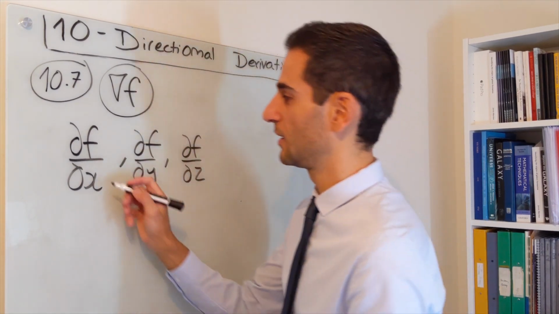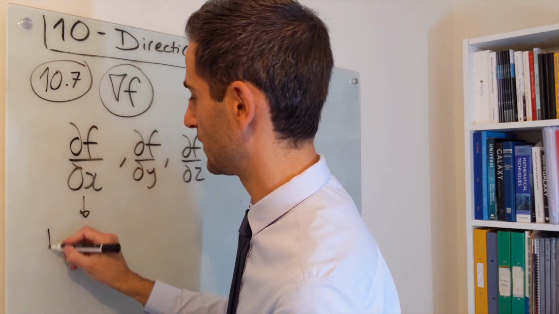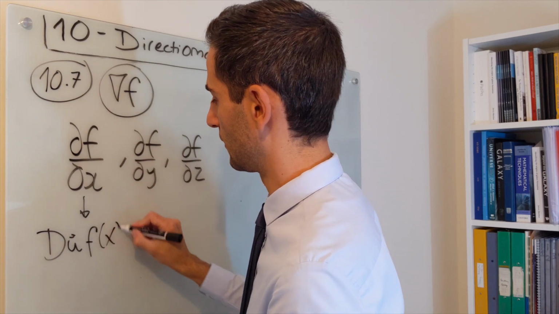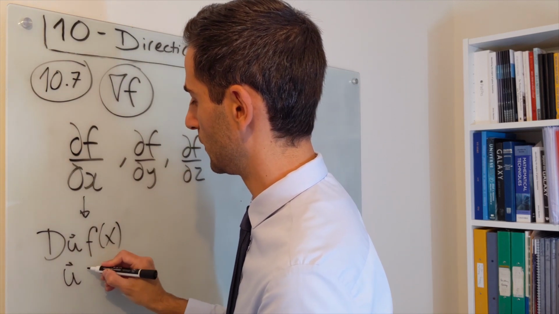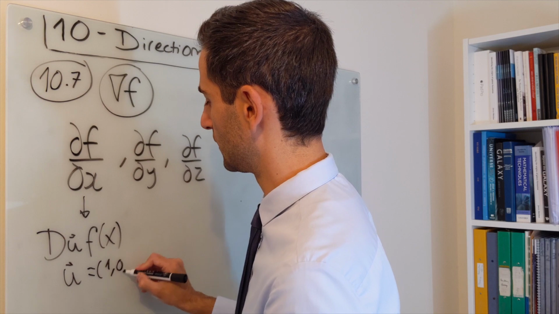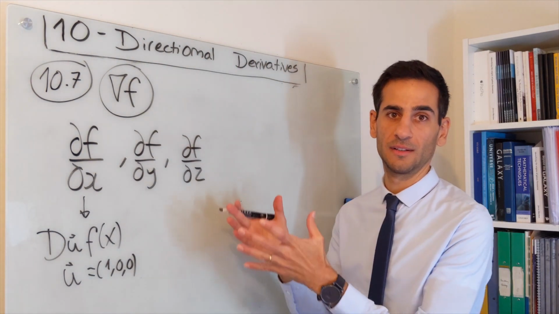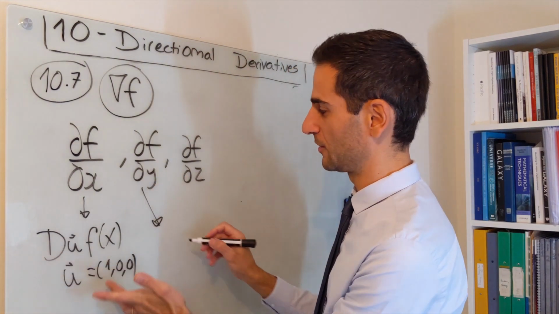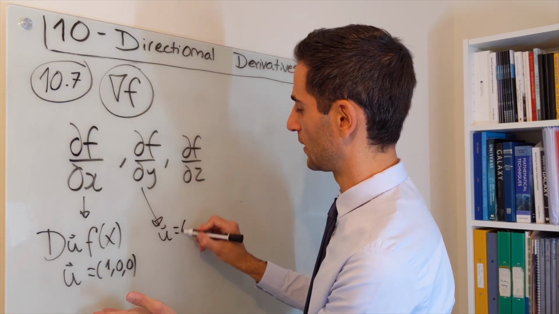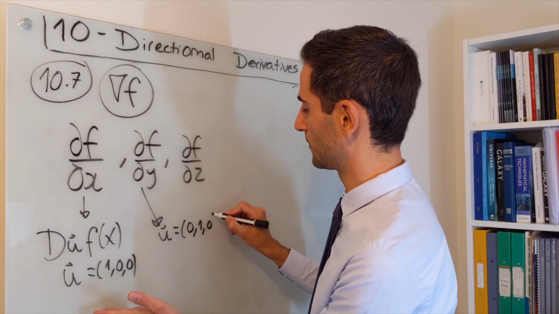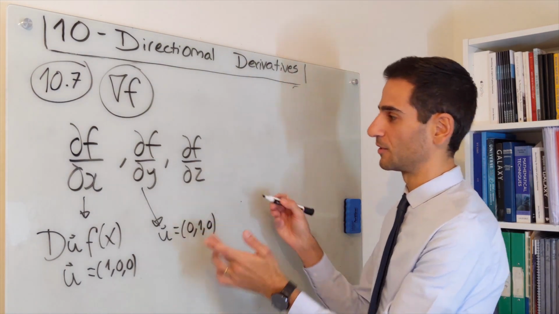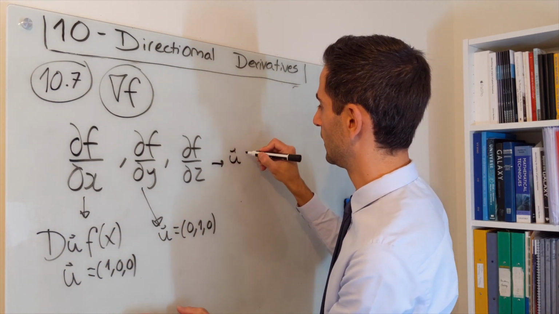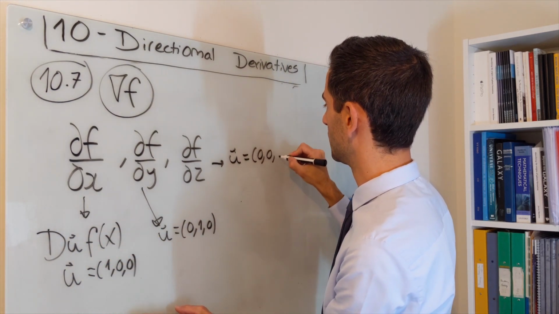And also that taking this partial derivative is the same as taking a directional derivative along f of x when u has components 1, 0, 0, while the partial derivative with respect to y really is a directional derivative when u has components 0, 1, 0. Same thing for z: you're calculating a directional derivative when u equals 0, 0, 1.